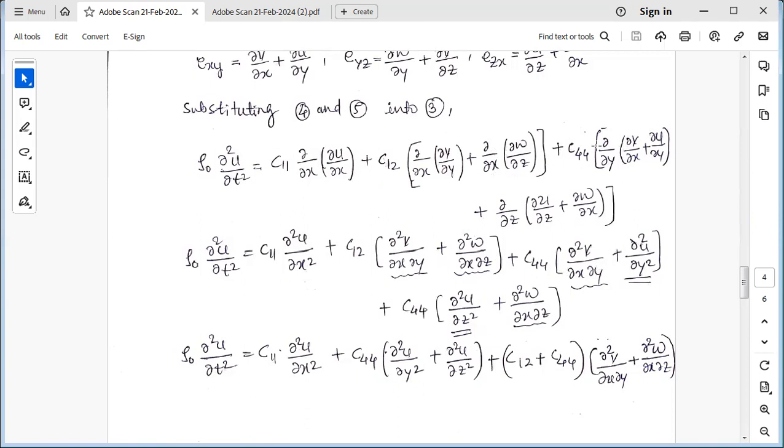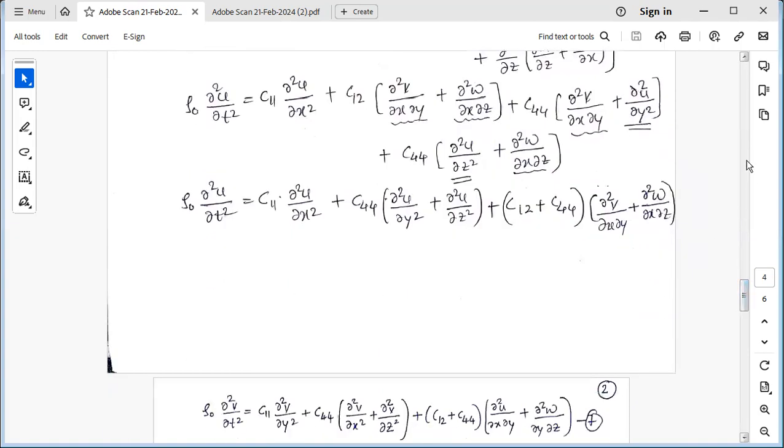Plus this one ∂/∂y of ∂u/∂y, that is ∂²u/∂y², so it's also written. Plus C44 we have to write again, and this term ∂/∂z of ∂u/∂z gives ∂²u/∂z², plus ∂/∂z of ∂w/∂x gives ∂²w/∂x∂z. So in this way you differentiate it.